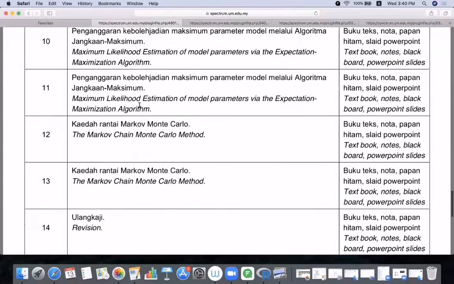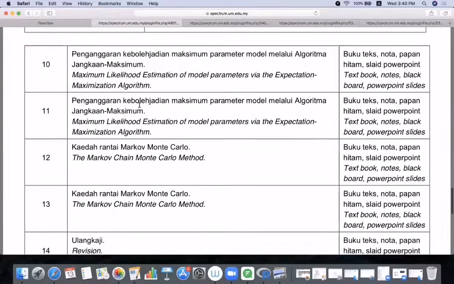And then after that, it's maximum likelihood estimation using this particular algorithm called EM. Okay, and then after that, very quickly to some more advanced method for simulating variables. That's called the Markov chain Monte Carlo method, right?